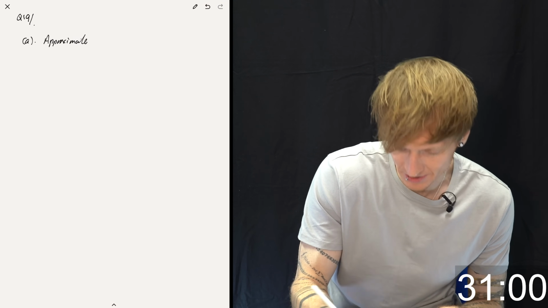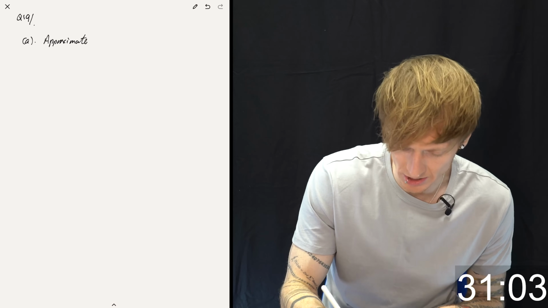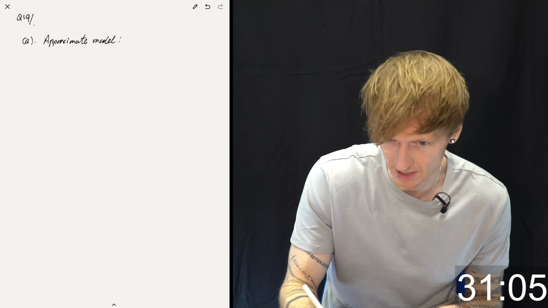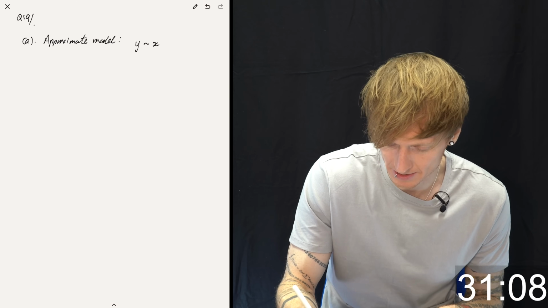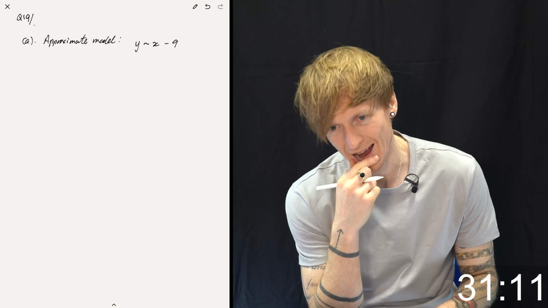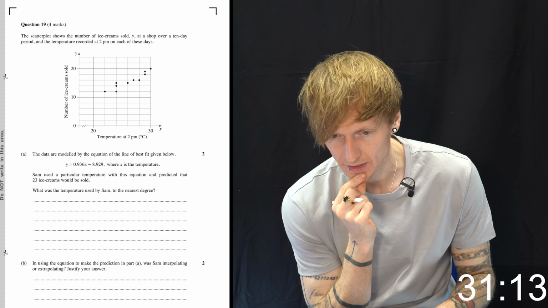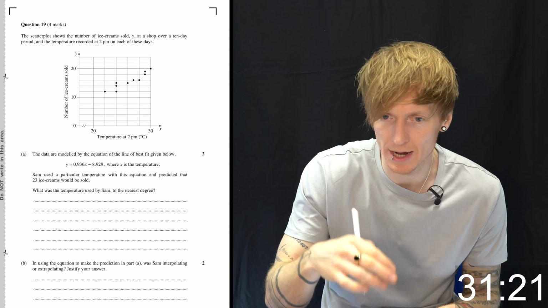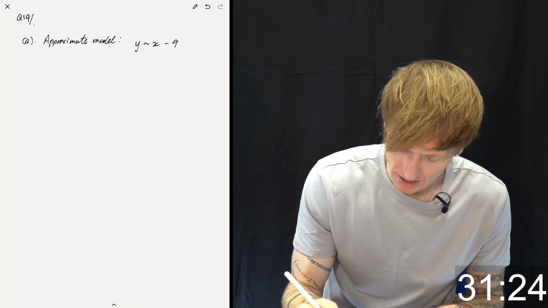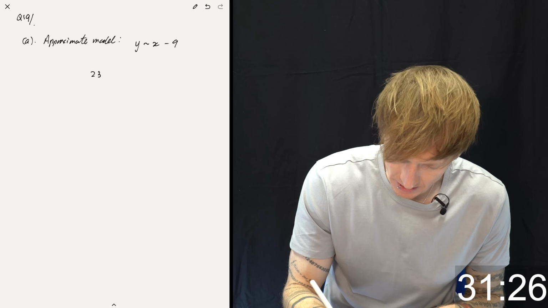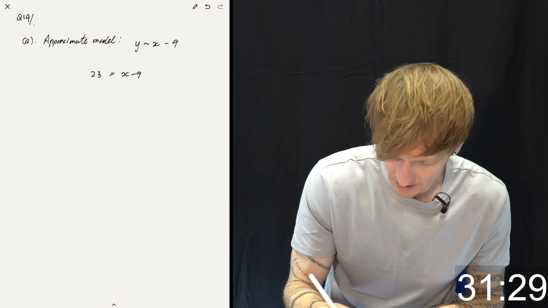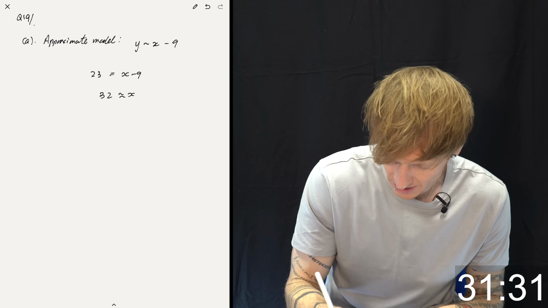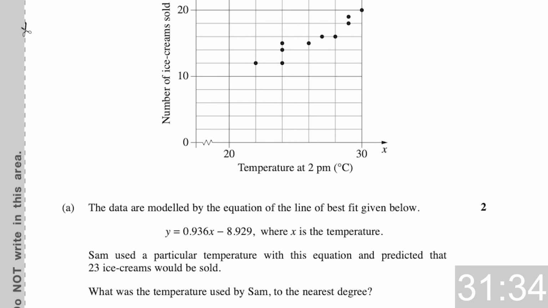Because obviously I can't plot with that level of precision. But the approximate model is suggesting y looks like x minus 9, I think. Okay, and so he's predicting 23 ice creams, and y is the number of ice creams. So if he thinks 23 is equal to x minus 9, then 32 is approximately x. Does that make sense? I think so.